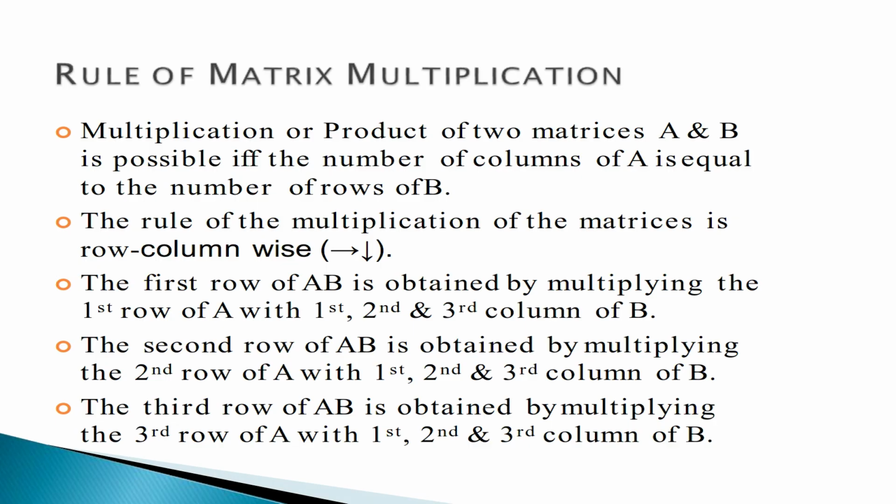The first row of the product matrix AB is obtained by multiplying the first row of A with the first, second and third column of B. Similarly, the second row of AB is obtained by multiplying the second row with the first, second, third column of B. Similarly, the third row of AB is obtained by multiplying the third row with the first, second, third column of B.